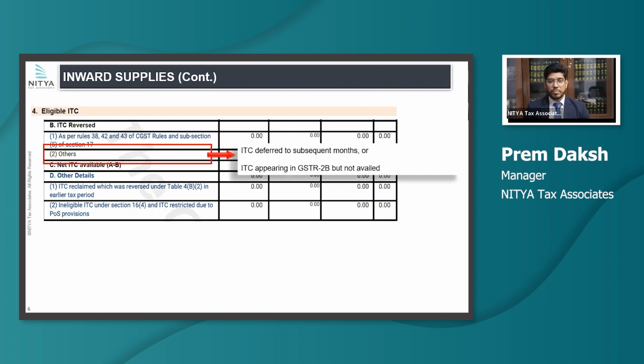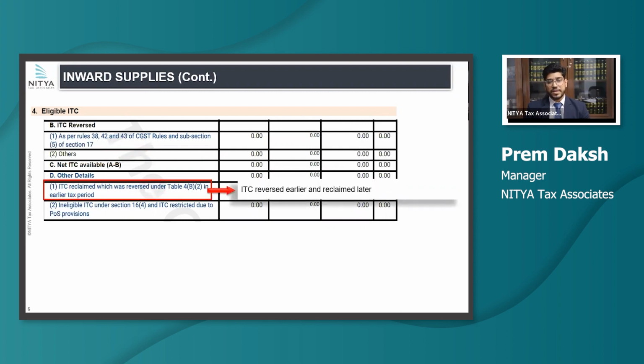In table 4B2, taxpayers need to reverse ITC appearing in 2B but not availed in the current month. Examples of such ITC may be ITC on goods received in a subsequent month, ITC to be reversed on account of non-payment of consideration within 180 days, ITC wrongly availed earlier, etc. In table 4D1, the taxpayer needs to report ITC reclaimed which was reversed earlier in table 4B2.